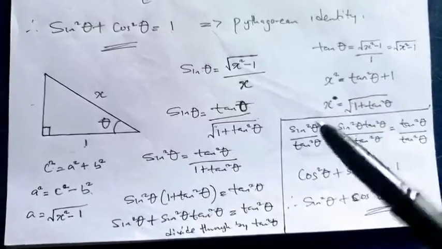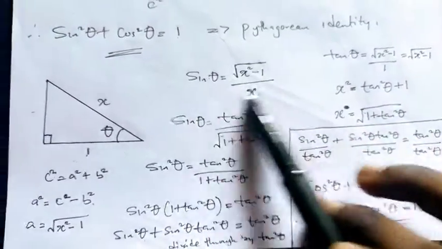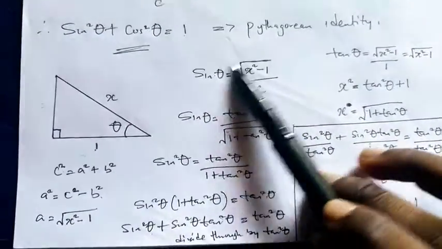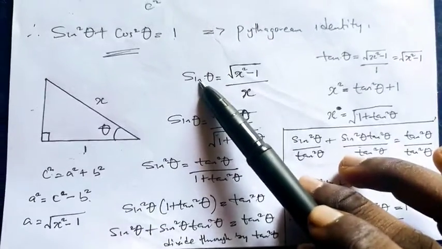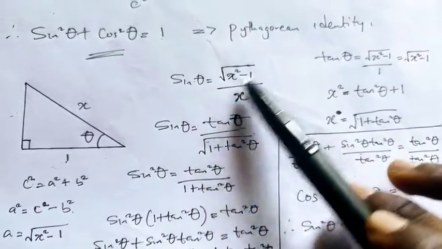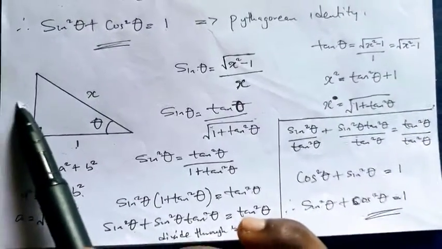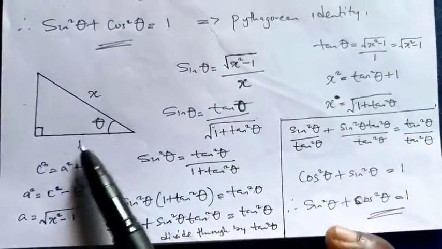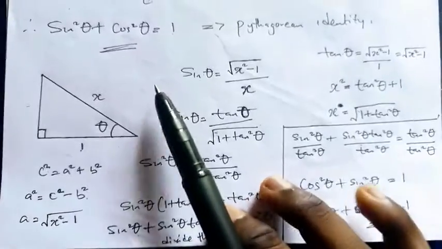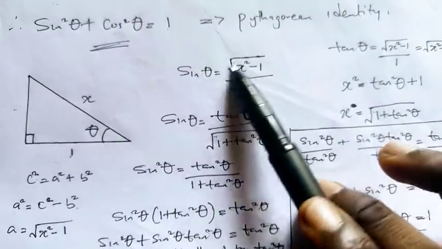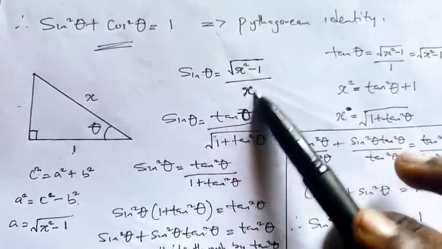Now this can lead me to this particular function here, that sine theta is equal to opposite, which is what we just got here, over the hypotenuse, which is what we see here from SOHCAHTOA. Sine theta is equal to opposite over hypotenuse.